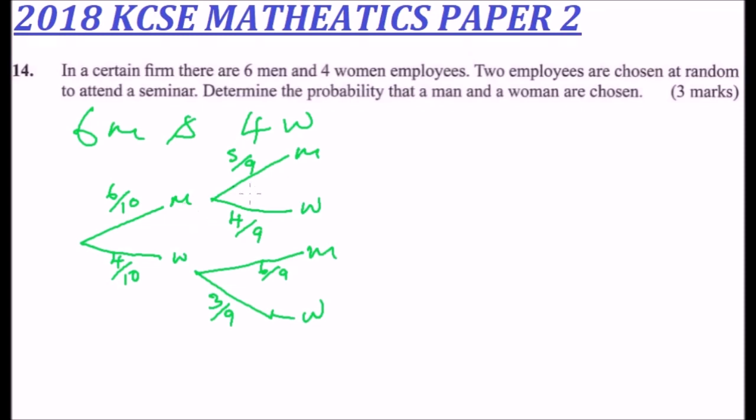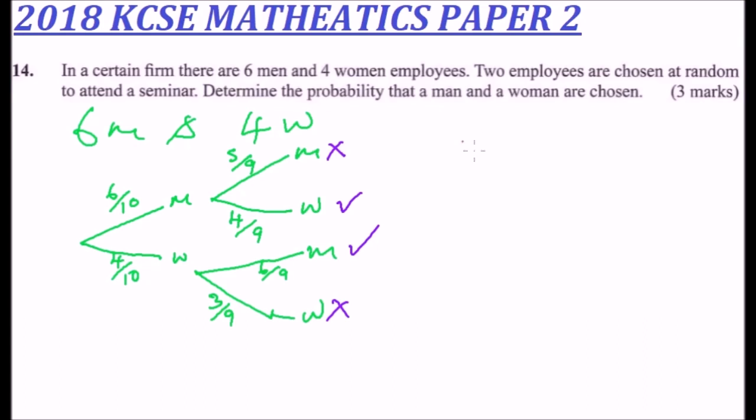Because we only need to choose a woman and a man, we can stop there. In the first branch, a man and a man were chosen, so that one we can say is X. The second branch is a man and a woman, so that's okay. One man, one woman. In this one, a woman was chosen the first round and a man the second round, so that's okay. The last one, a woman was chosen the first round and the second round, so that cannot work.